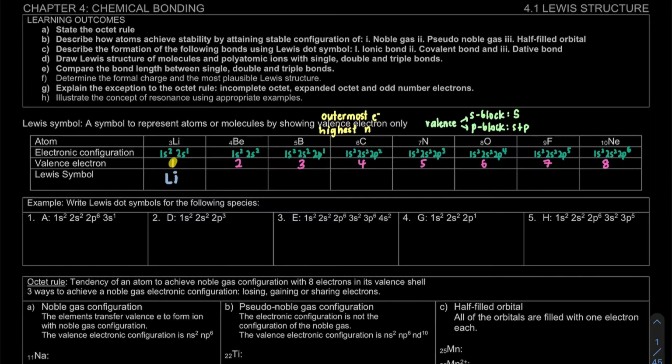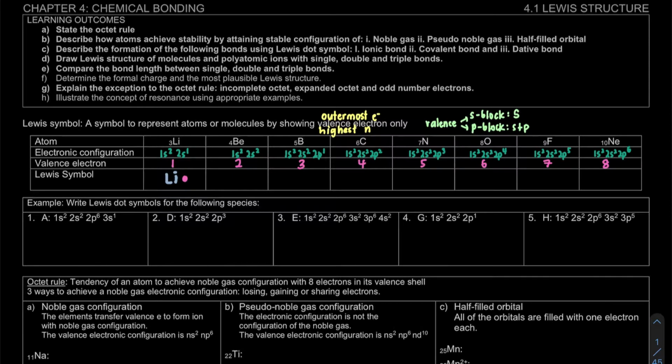The Lewis dot symbol uses dots for the electrons, whereas in the previous chapter we always used arrows, for example for 1s. Here we use the dot symbol. So Li has only one valence electron, so we have only one dot.